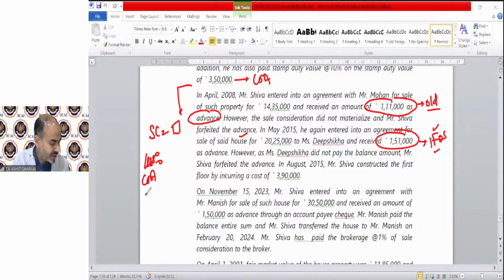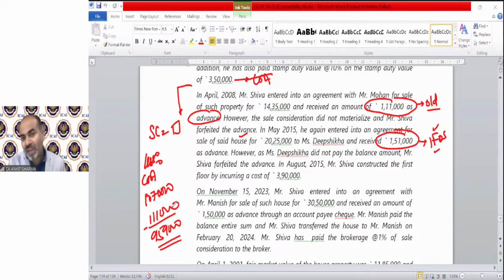The cost of acquisition will be, I guess, for land 10,70,000. This is the other thing. The cost of acquisition is given as 10,70,000, and out of this, advance money forfeited is 1,11,000. So 9,59,000 needs to be indexed.